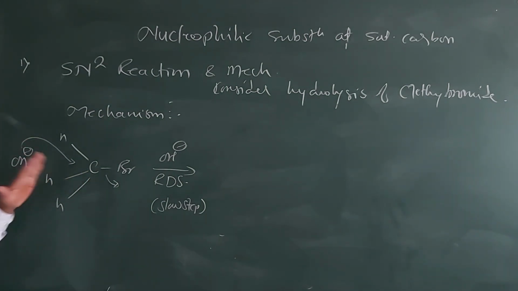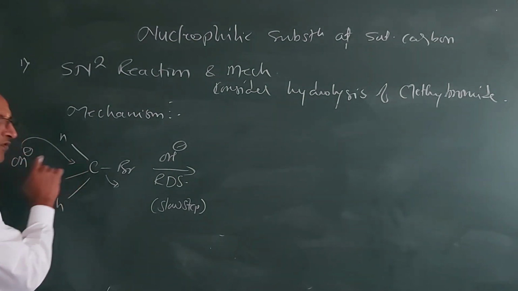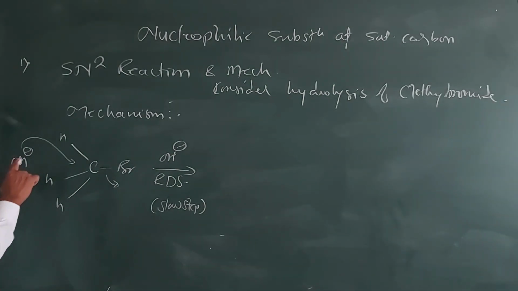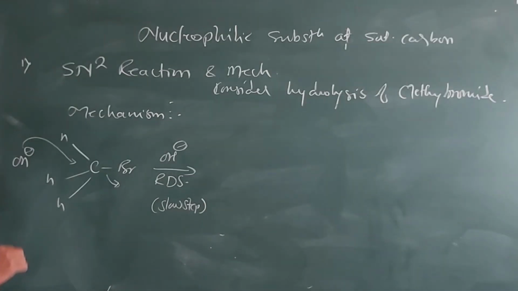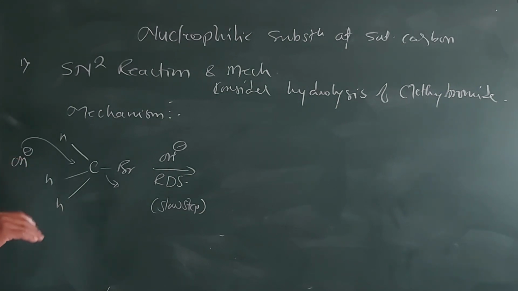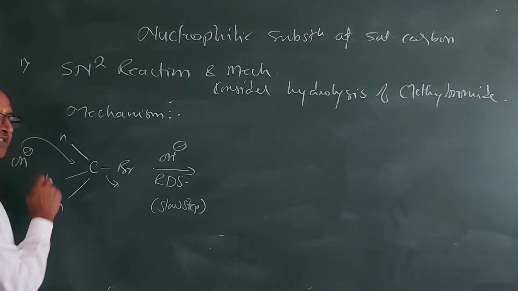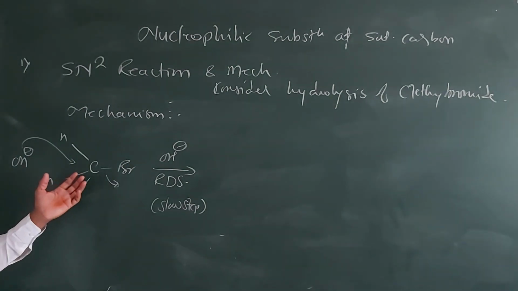And when it attacks from the backside, the simultaneous bond formation takes place. Now, when this bond formation starts, it's an exothermic process. Bond formation is an exothermic process in which energy is being released.